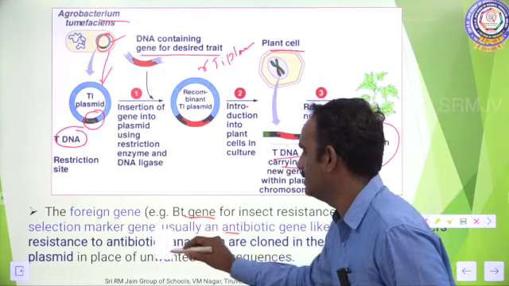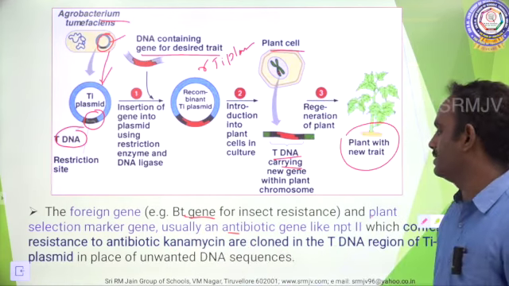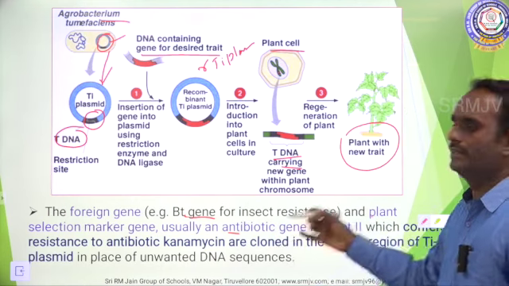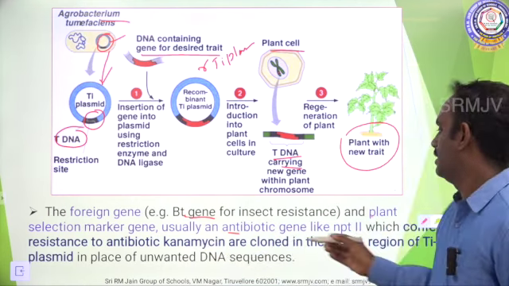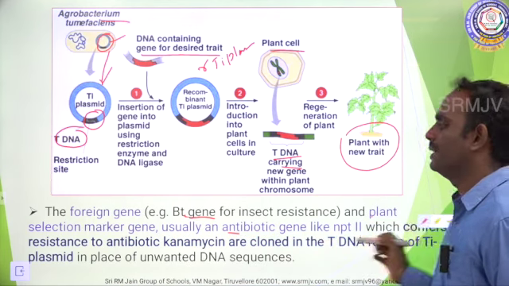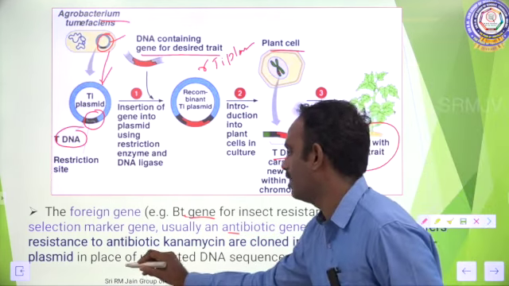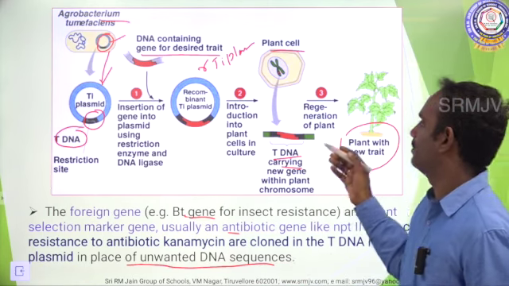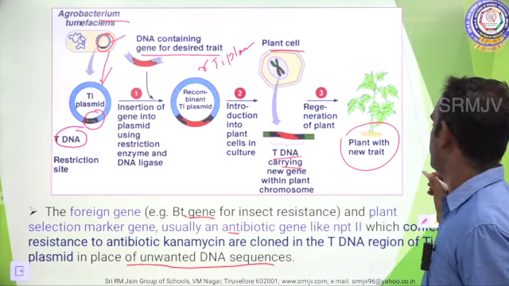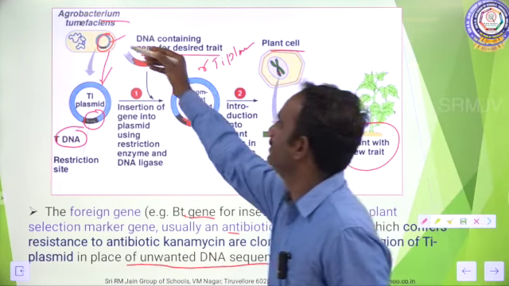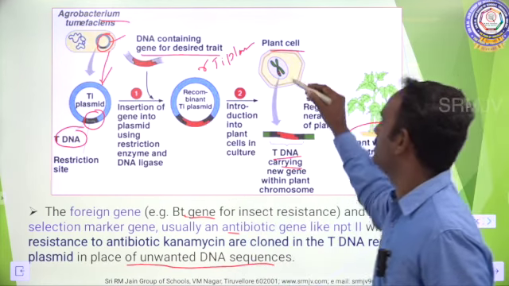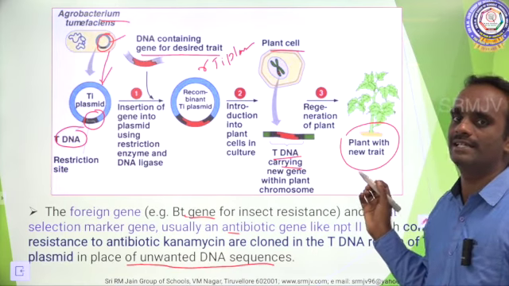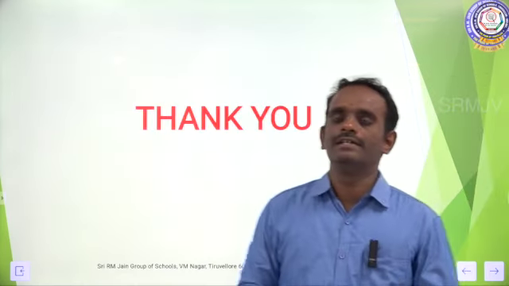Please underline this. This kanamycin resistance gene is cloned in the tDNA region of the Ti plasmid in place of unwanted DNA sequence. This is the main chapter. Just introduce this into the plant cell, and formation of the new character takes place. Clear, children? Thank you children, we will see you in the next class.